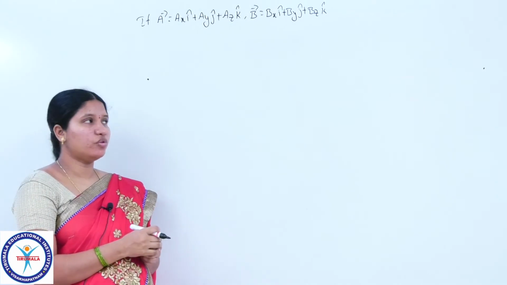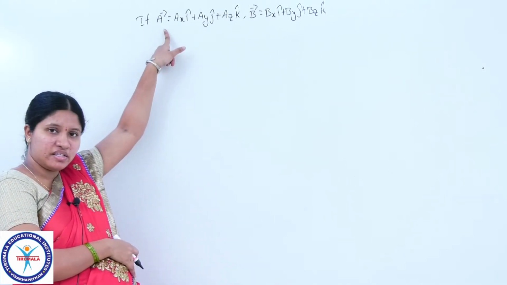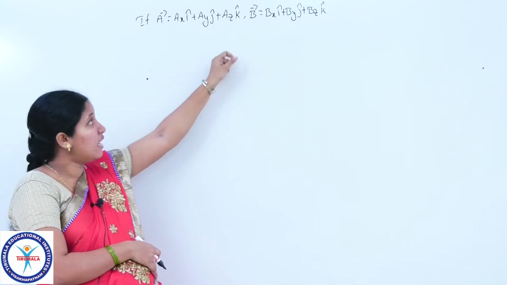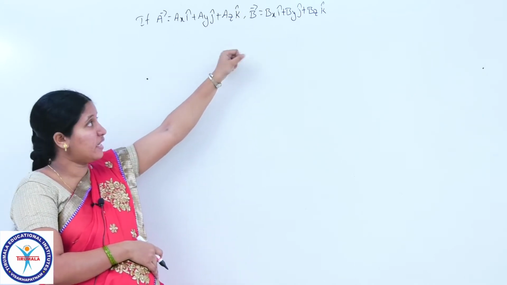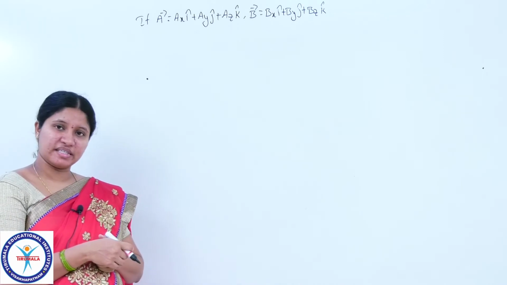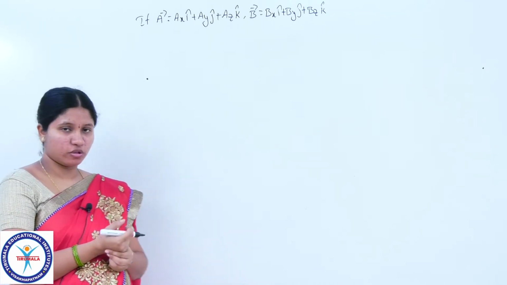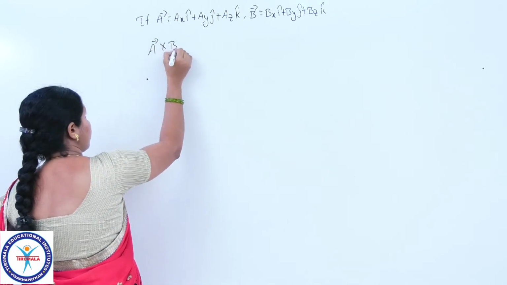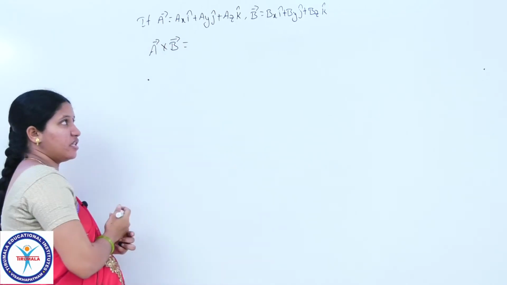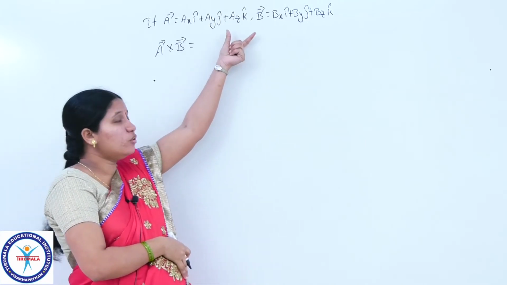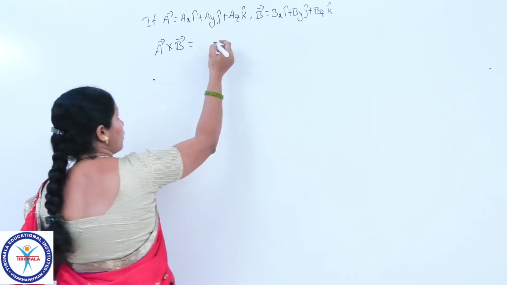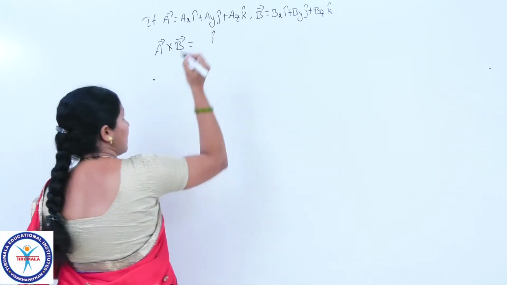We are given two vectors such that a bar is equal to ax i cap plus ay j cap plus az k cap and b bar is equal to bx i cap plus by j cap plus bz k cap. How to find out the cross product of two vectors? Let us see now. So a bar cross b bar is equal to, write the two vectors in the form of a matrix, meaning the vector components we are writing as a matrix.